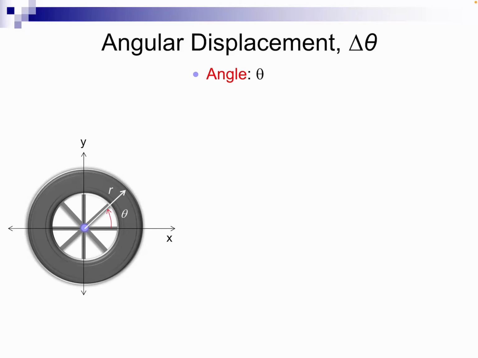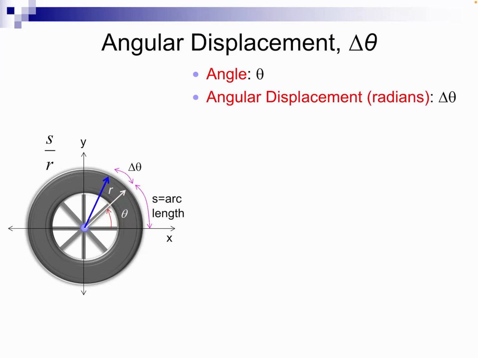Each point along this object can be defined by this position angle theta. Let's say initially this position has an angle theta. After some time, with some arc length s, when the object rotates so that we're now looking at this point here, the position would have changed by delta theta.